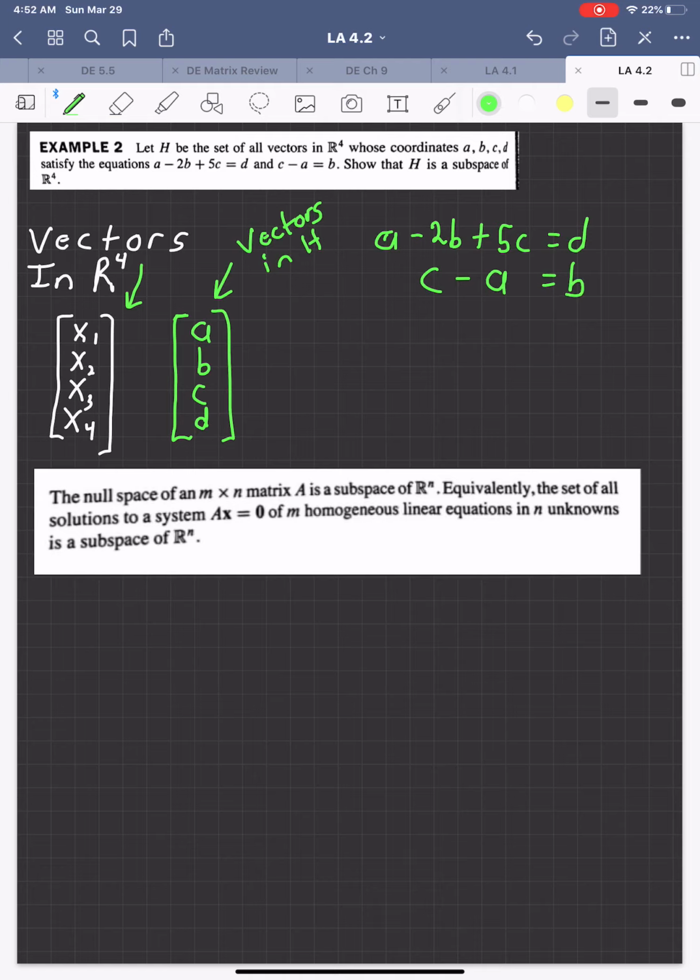All right, so vectors in H take on the following form but must satisfy the following 2 equations.